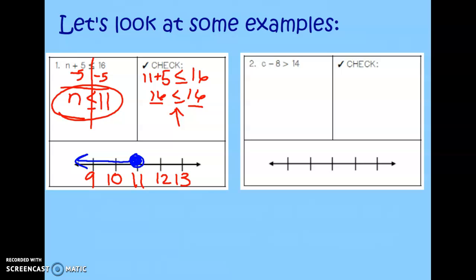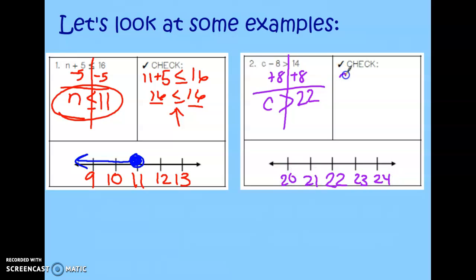We have c minus 8 is greater than 14, so I'm going to draw my line and add 8 to both sides. That leaves me c is greater than 22. This means 22 is what I'm going to graph. I'm going to check my work. 22 minus 8 is greater than 14.